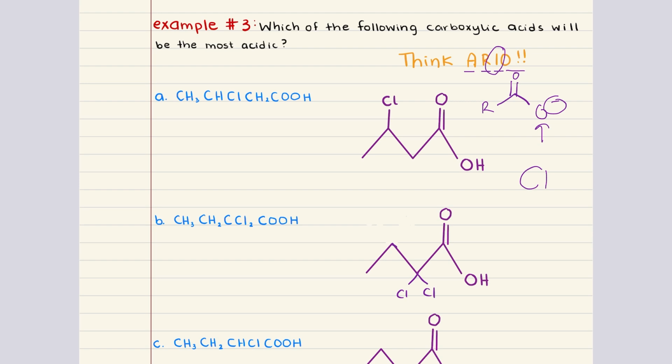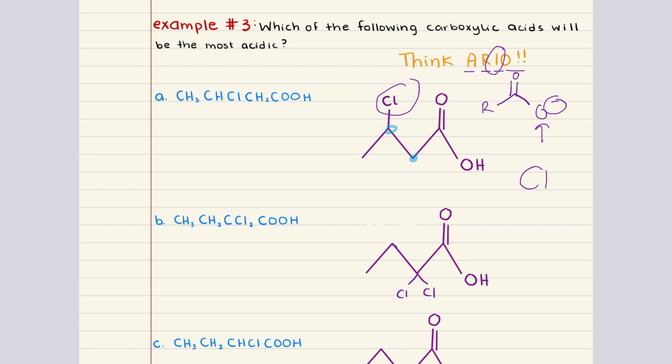For A, there is only one chlorine atom, and it is located 2 carbons away from the carboxylic acid group. This is going to provide some inductive stabilization, but note that the chlorine is not directly next to the carboxyl group.